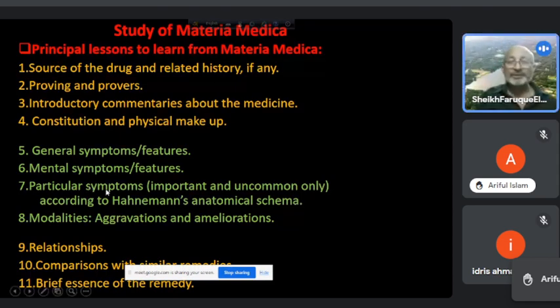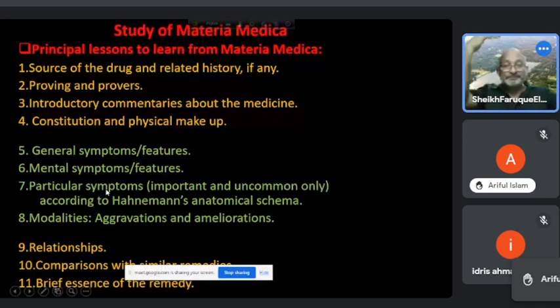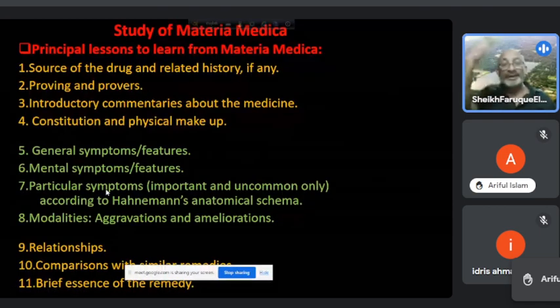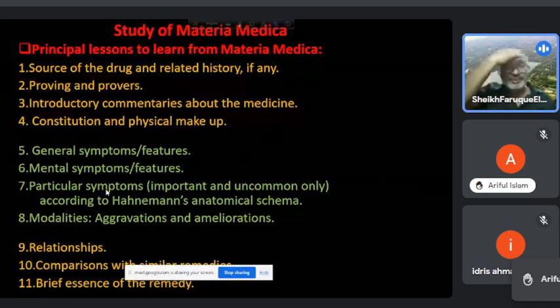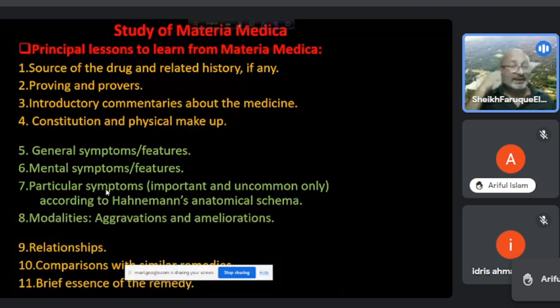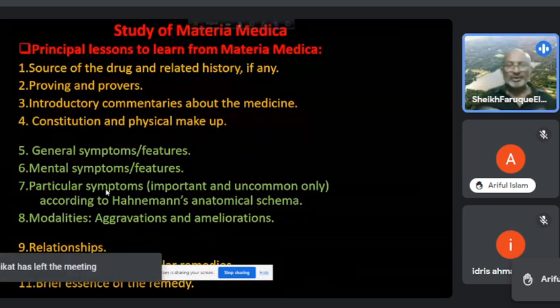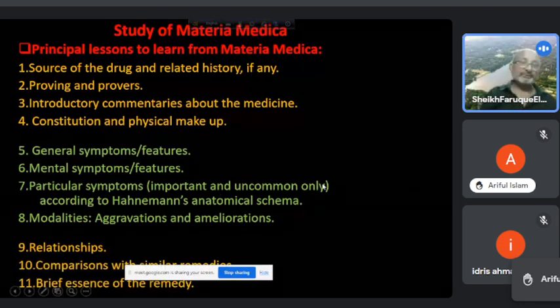It means you study the symptoms by anatomical schema: the symptoms of the head, eye, ear, throat, stomach, abdomen, genitalia, and so on. But here you note only the peculiar symptoms, not the general or common symptoms. They will not help you much. Only important and uncommon symptoms.